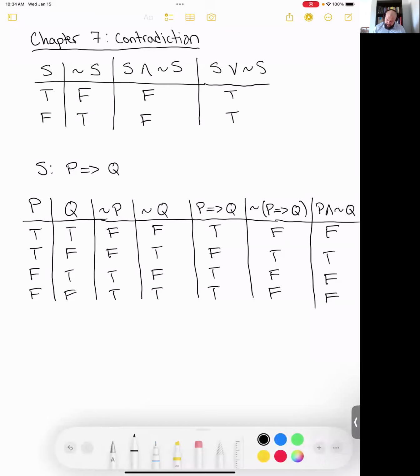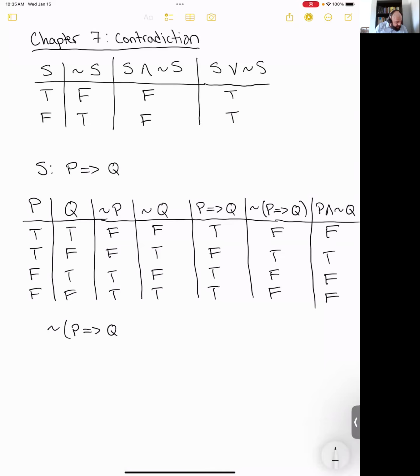Now, we've seen this before, so I'm just reminding us of this fact, but it's going to become very important here in the proof by contradiction. So the way we say this, of course, is that not P implies Q, and P and not Q are logically equivalent.